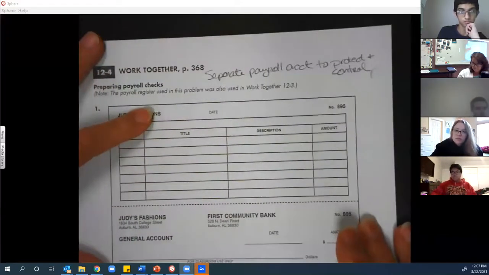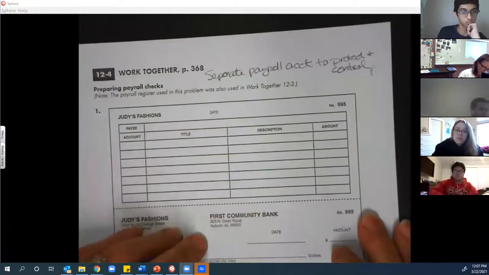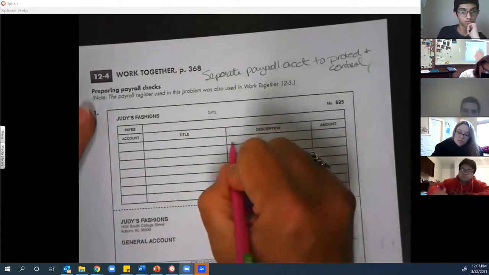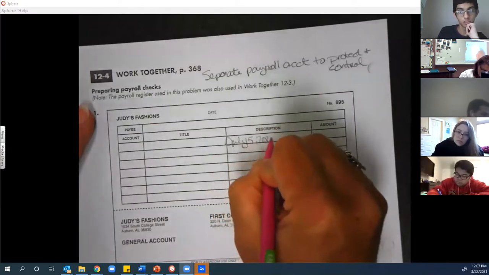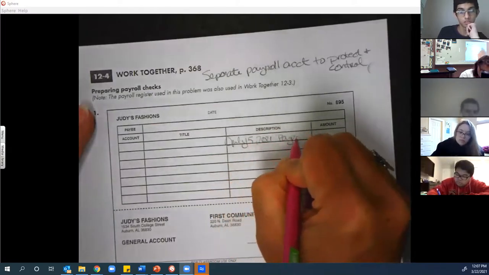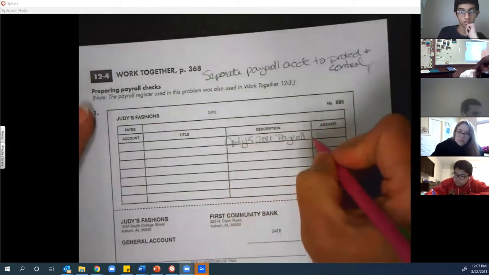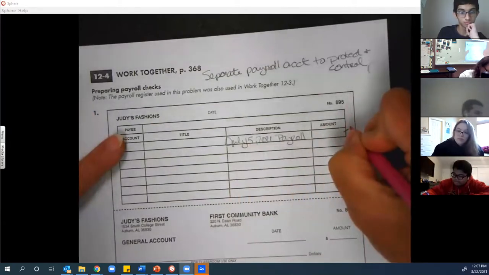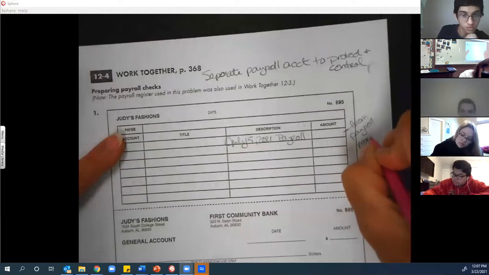Whoops, y'all can't see that. Okay, so we're just writing a description here that this is the July 15th, 2021 payroll. And then we need a total. This amount is the total from the payroll register for that pay period.